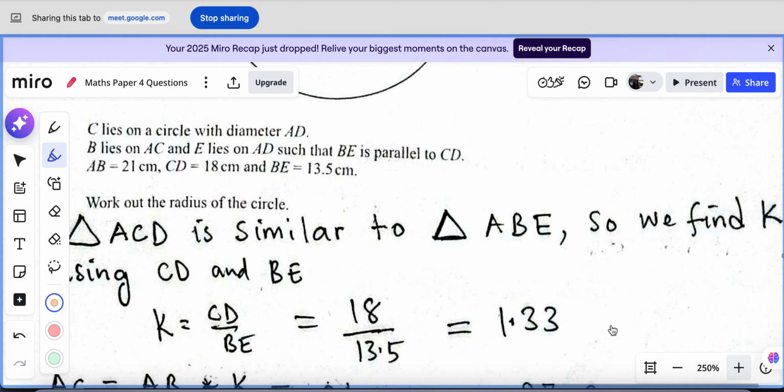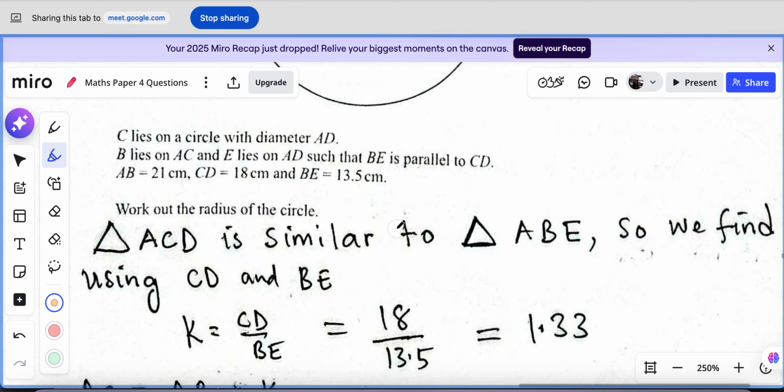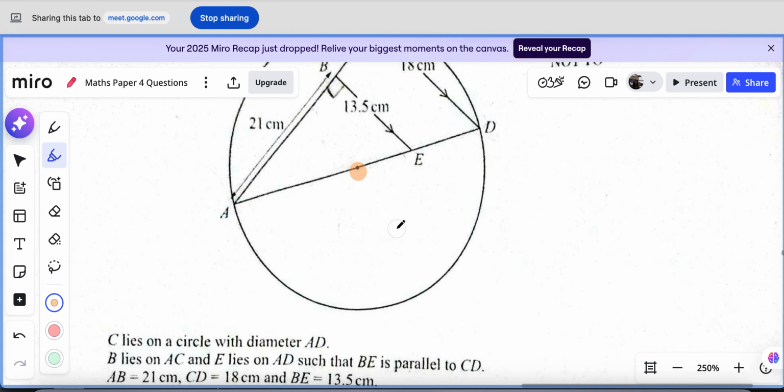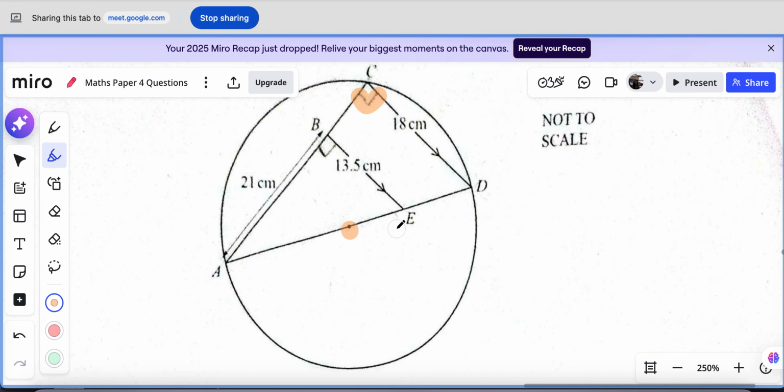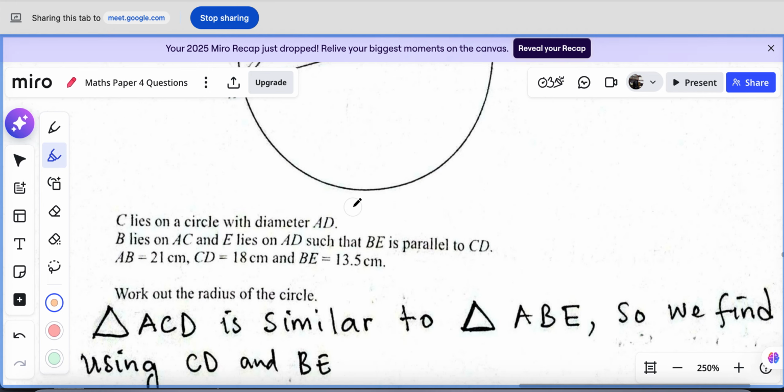Now let's zoom in so we can see clearer. C lies on a circle with diameter AD, which I've already explained. Now B lies on AC.